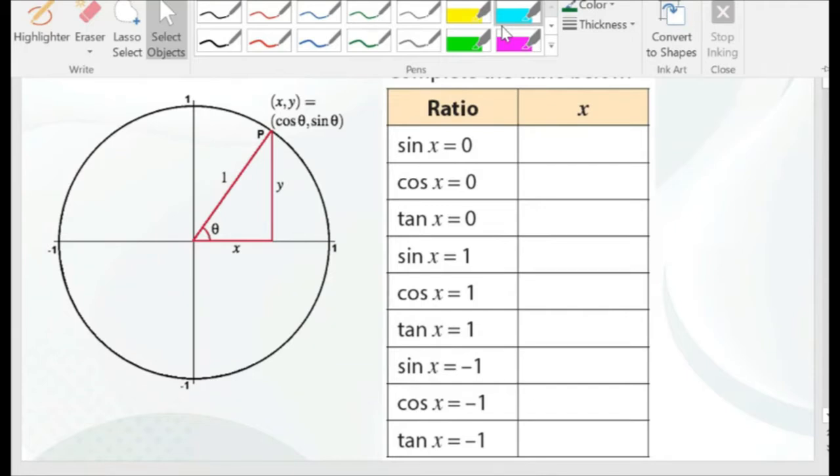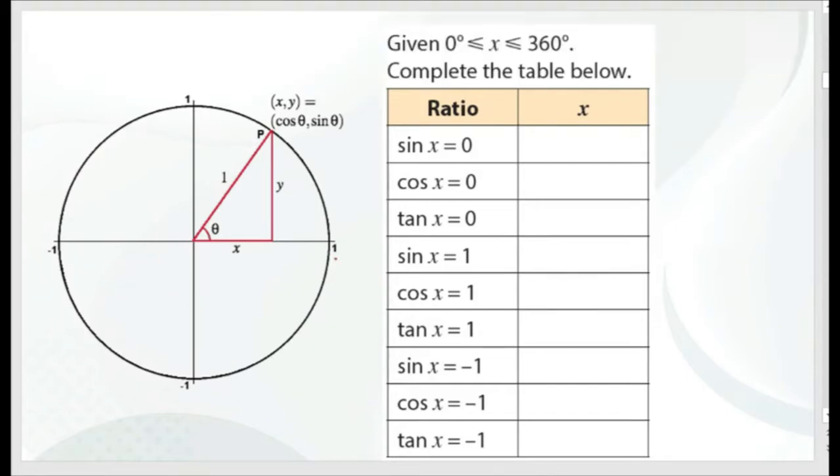At first, we're starting here. So what is the value here? The values are 1, 1, negative 1, negative 1. Then the angles we are using are 0, 90, 180, 270, 360.